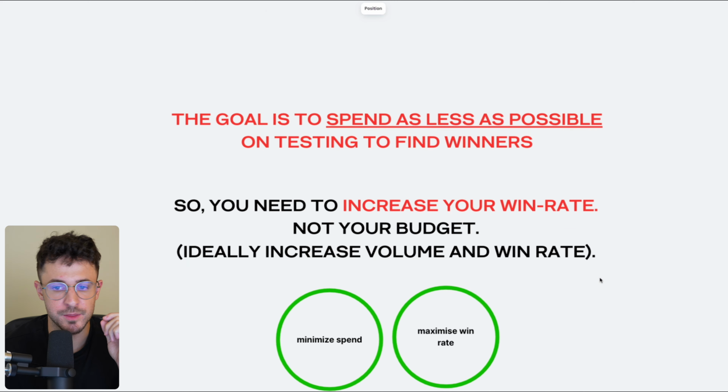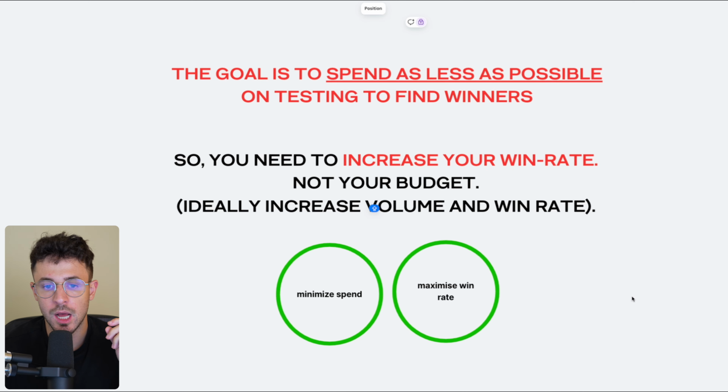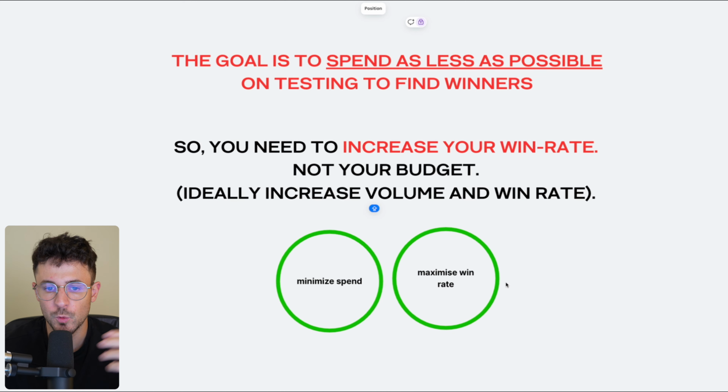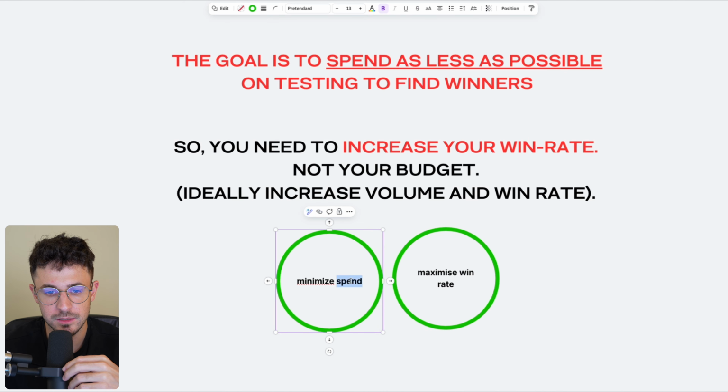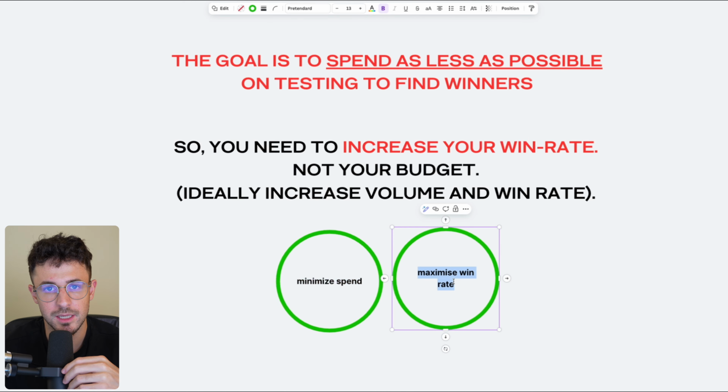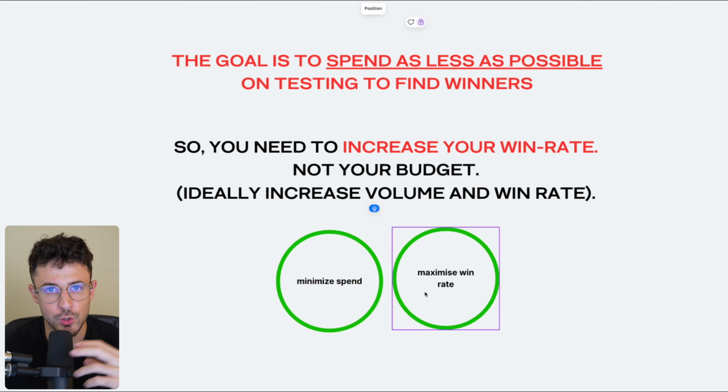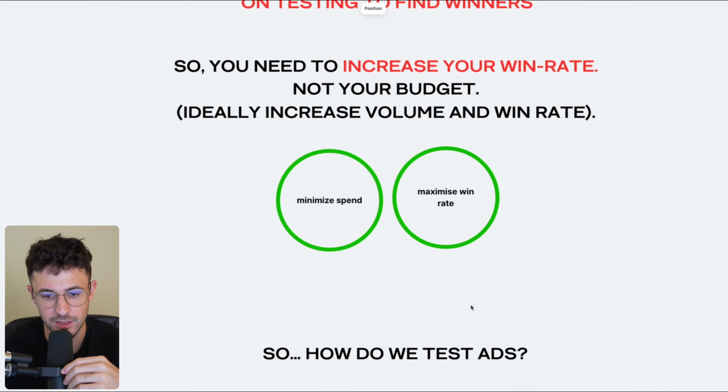But win rate means the percentage of winning ads that you usually find when you run a test. So there are two main things you need to consider if you want to succeed with Meta ads and testing campaigns: minimize spending and maximize the win rate. These are the two main pillars that you have to consider when you run a testing campaign.